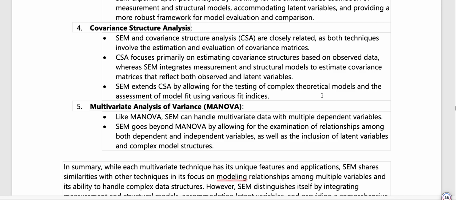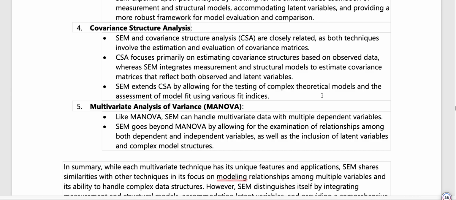Covariance structure analysis. Structural equation modeling and covariance structure analysis are closely related, as both techniques involve the estimation and evaluation of the covariance matrix. Covariance structure analysis focuses primarily on estimating covariance structure based on observed data, whereas structural equation modeling integrates measurement and structural models to estimate covariance matrices that reflect both observed and latent variables.